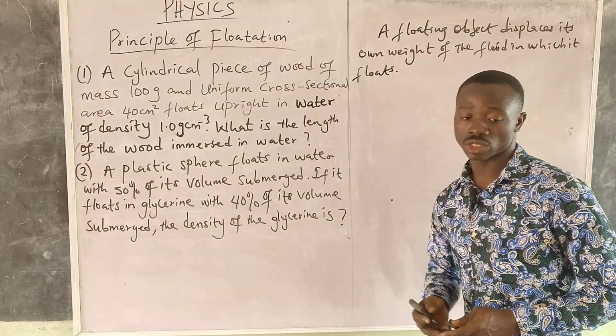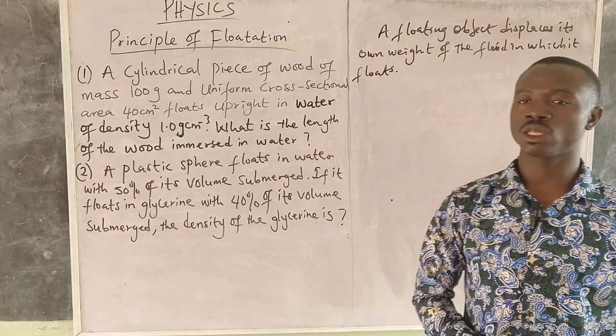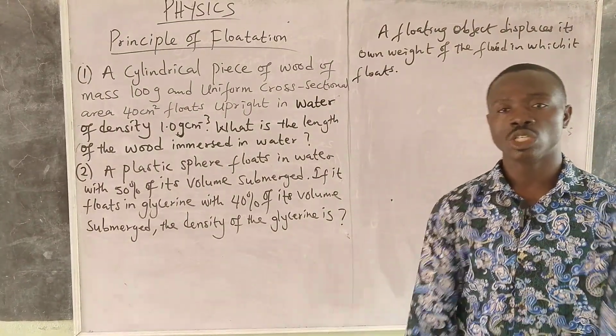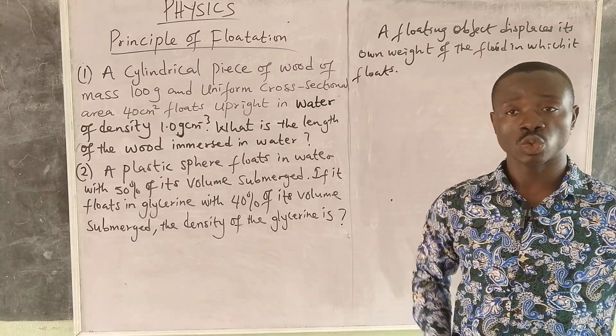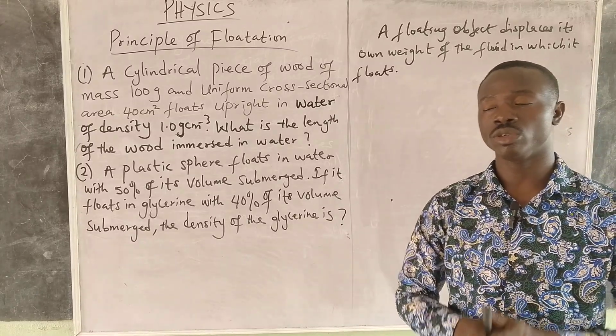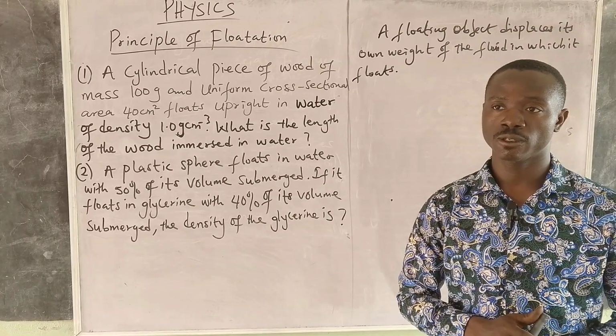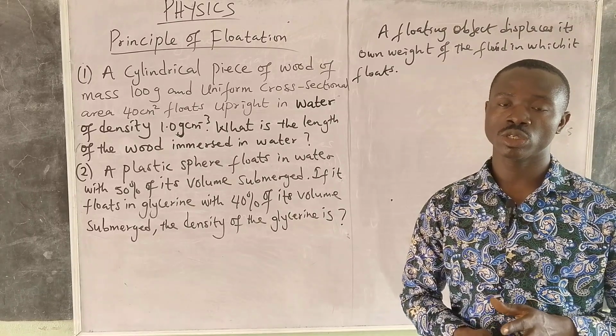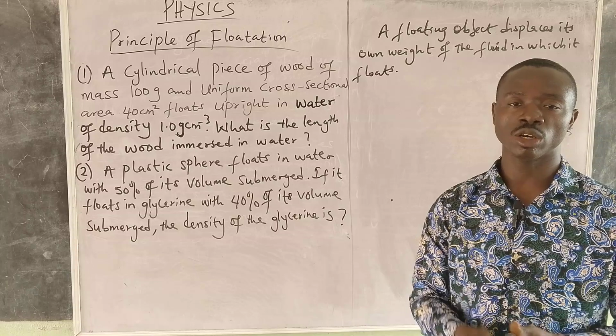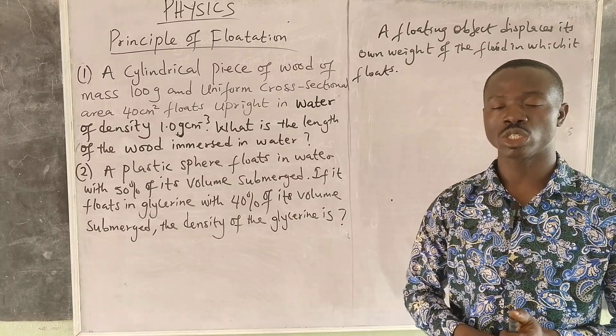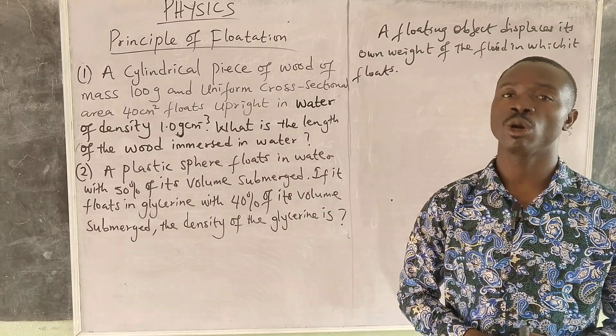I know the definition may sound somehow, but in simpler terms, what the principle of flotation is saying is that when an object floats in a fluid, the weight of the fluid displaced is equal to the weight of the object. The weight of the fluid displaced will be equal to the weight of the whole object.